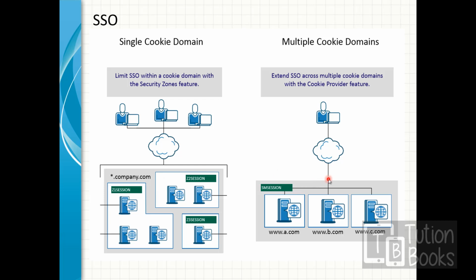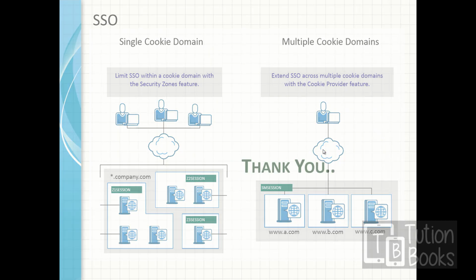If I choose multiple cookie domains, the cookie created by one policy server passes to the second, which needs to have a partnership or authorization to access the cookie. Based on that, it creates multiple cookie sessions and provides an extended SSO. This is basically called the federation process for SiteMinder. The SSO works exactly based on this.